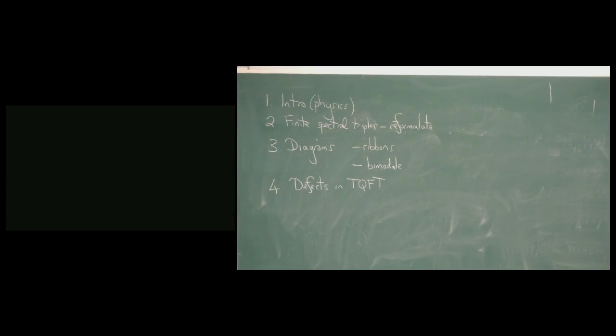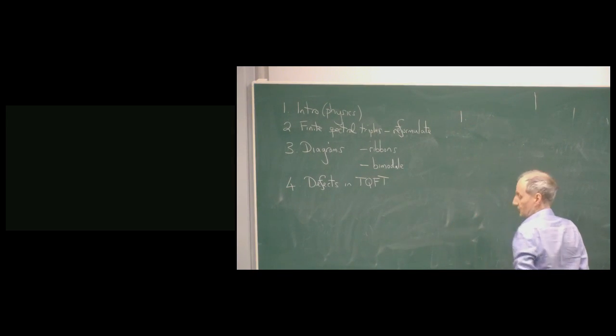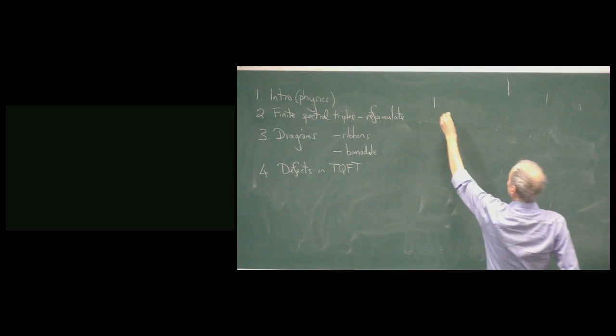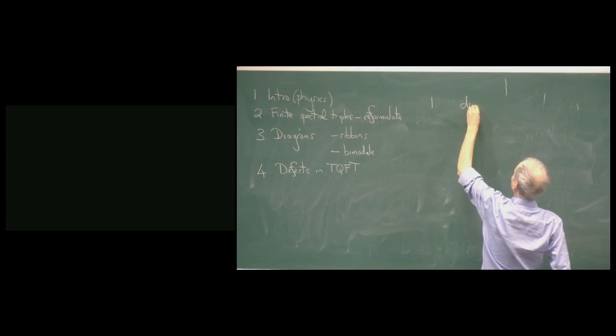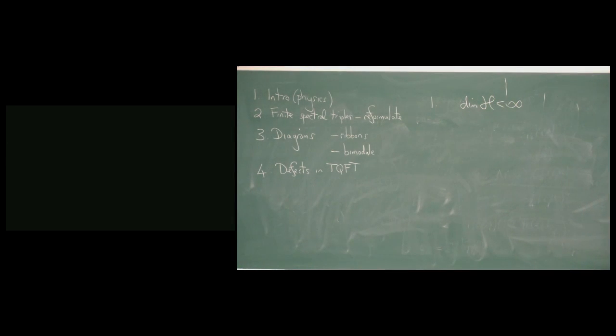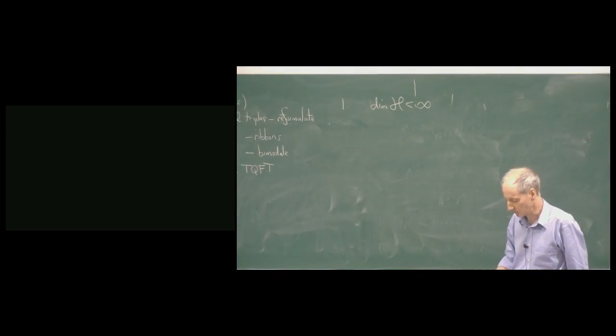Okay, so firstly the introduction. So finite spectral triples, that means the dimension of the Hilbert space is less than infinity. And what I'm going to say is sort of part of a project to investigate the use of these spectral triples.